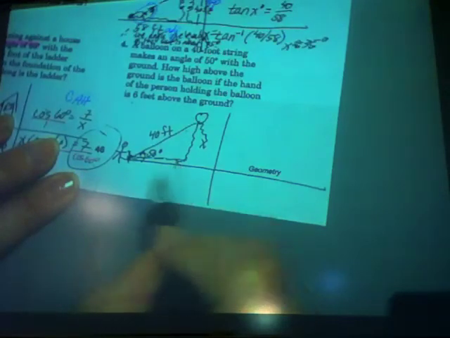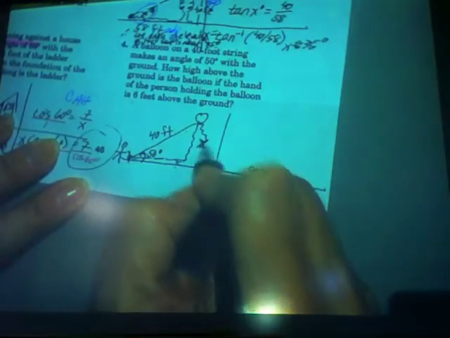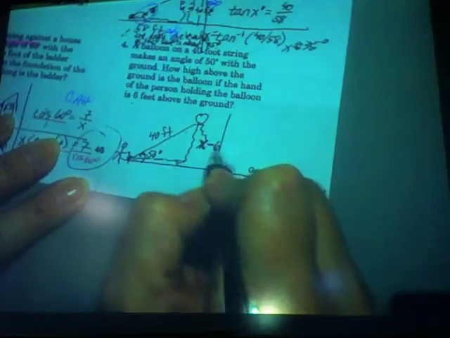We're assuming now that this angle, we're going to have to make the assumption that this is going to be x minus 6 here, isn't it?